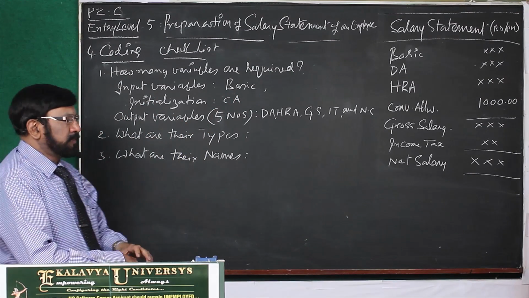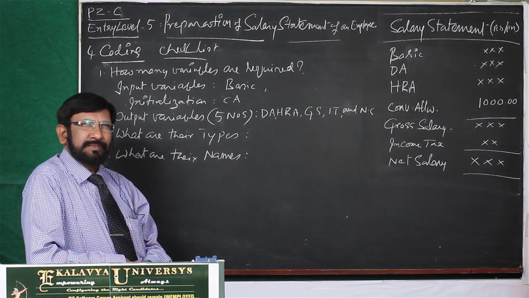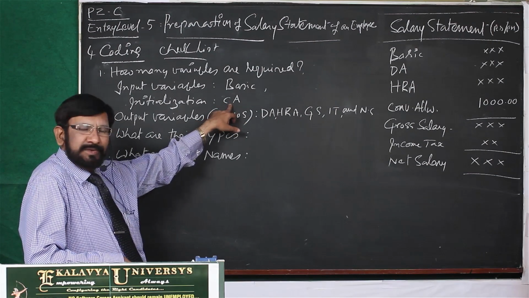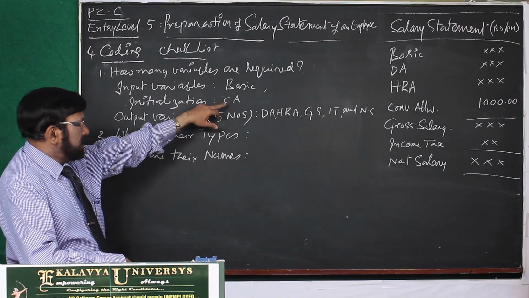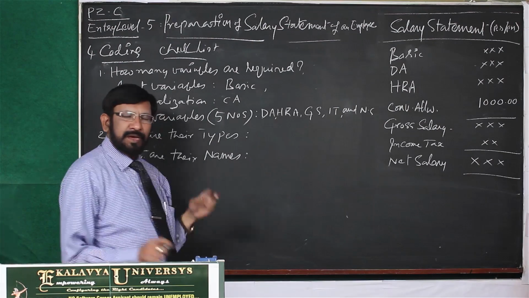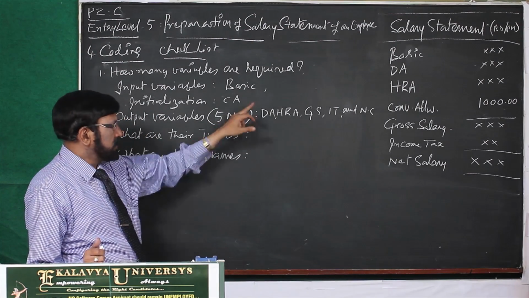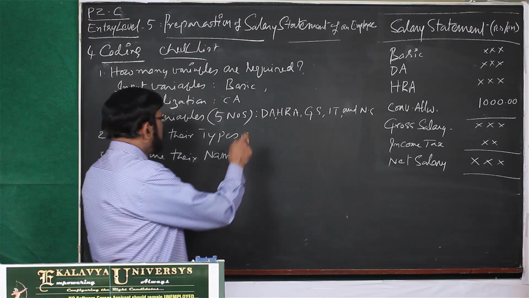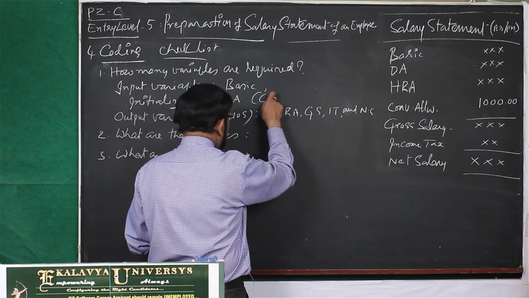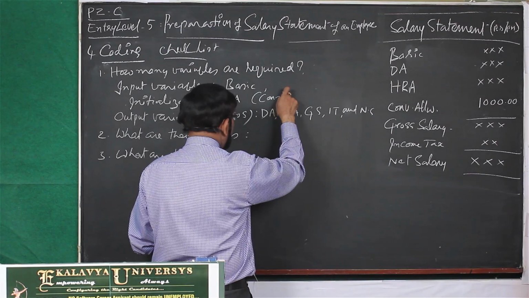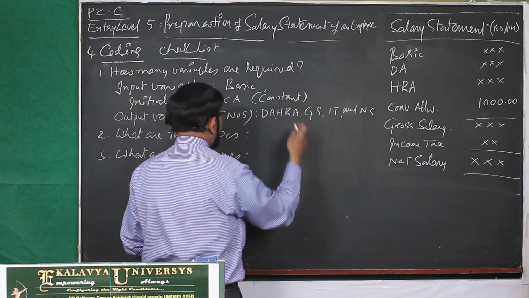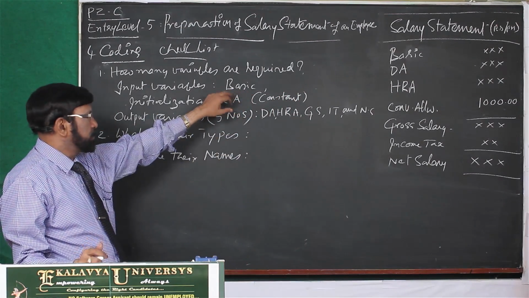And the other one, we have to initialize one more variable, that is CA, conveyance allowance, because conveyance allowance is uniform for all the employees, it is 1000 rupees. So, we have to initialize it, and it is better to declare it as a constant. In actual coding, I will explain this point.